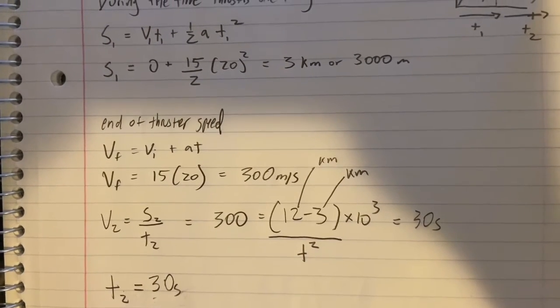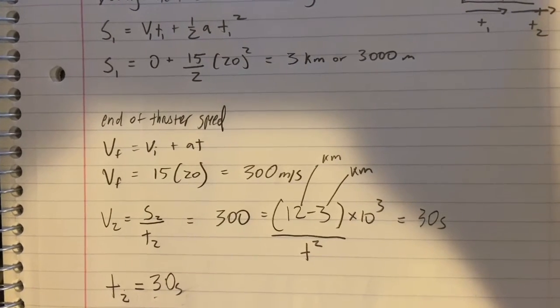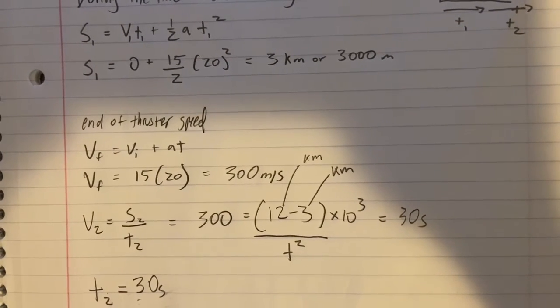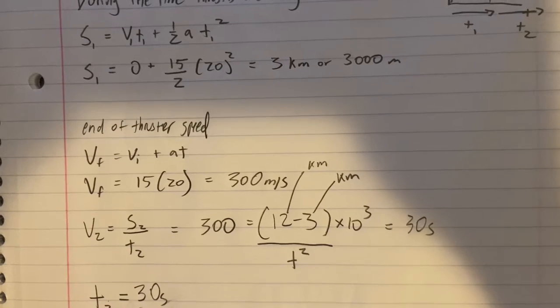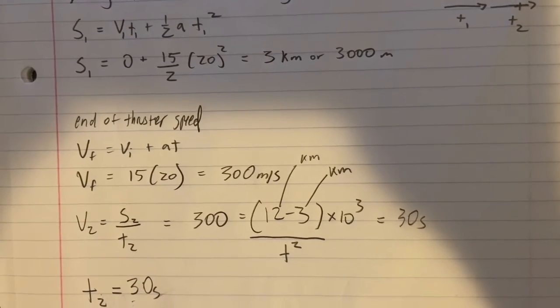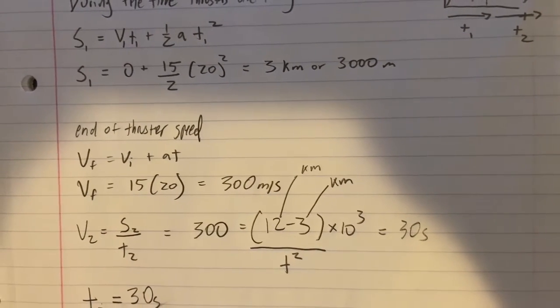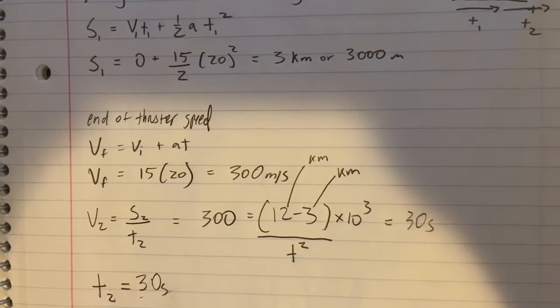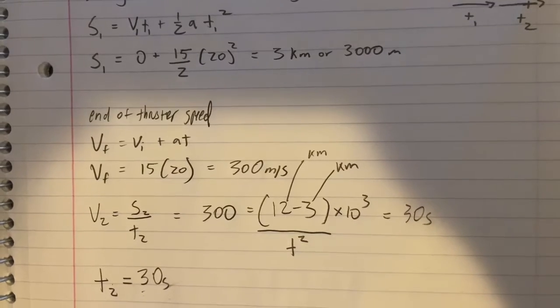We can use just a basic velocity equation, velocity equals distance over time, to try to find the time that it took to cover that second interval. That's going to be the velocity, which was 300 meters per second. We got that from the previous motion equation.